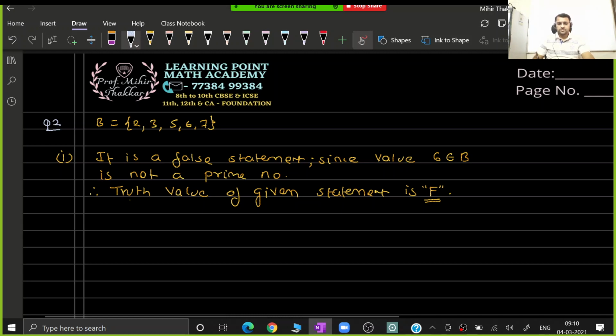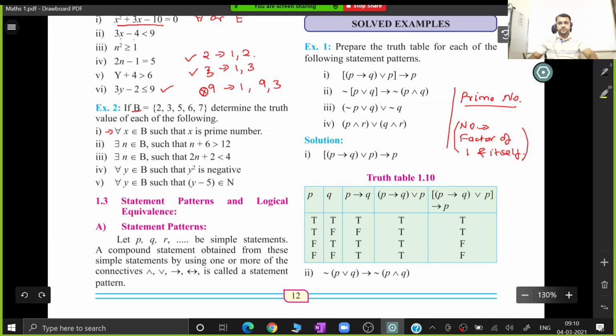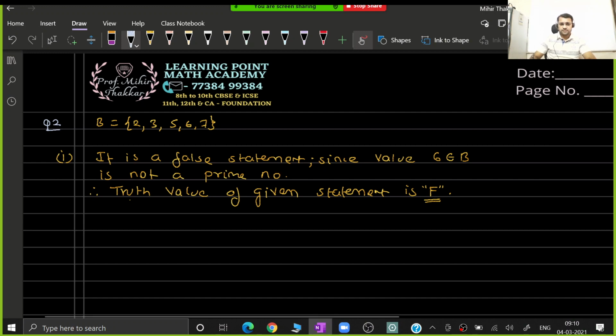What is the second one? There exists n belonging to B such that n plus 6 is greater than 12. So let us check. I require that n plus 6 is greater than 12.